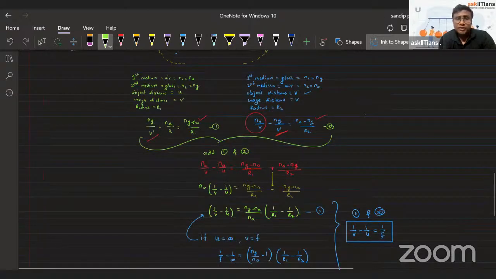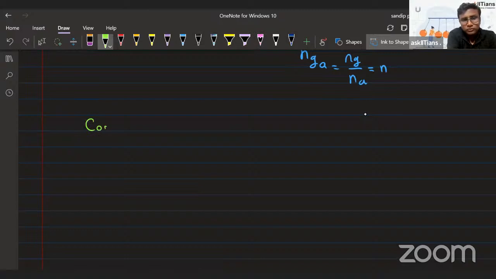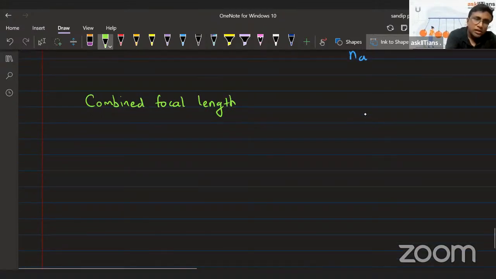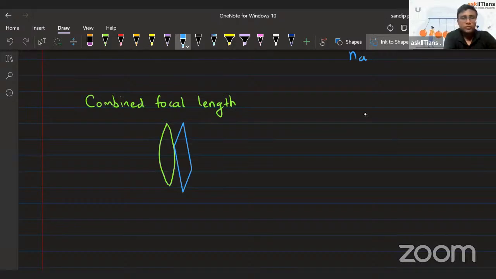And one small thing we will do before stopping, that is the combined focal length. Means what? Suppose you have two lenses like this, right?